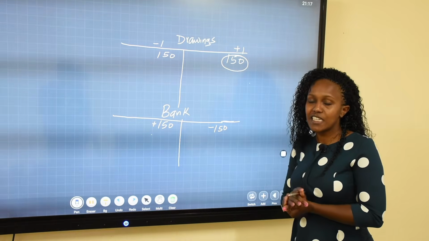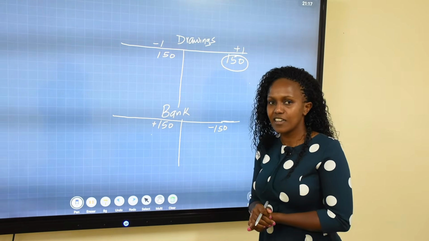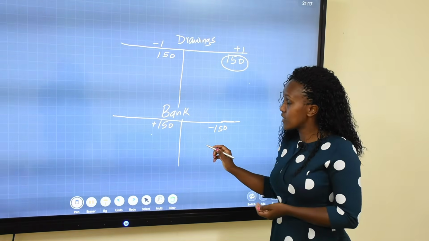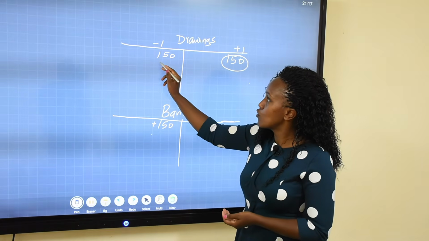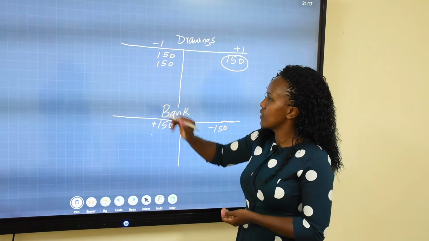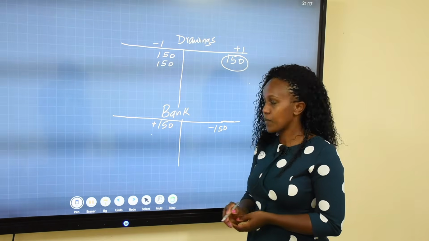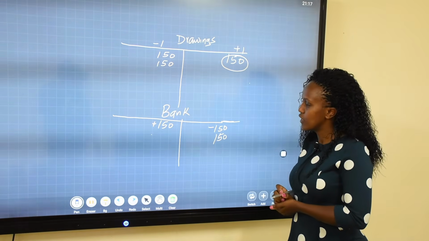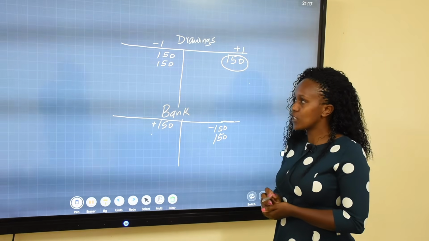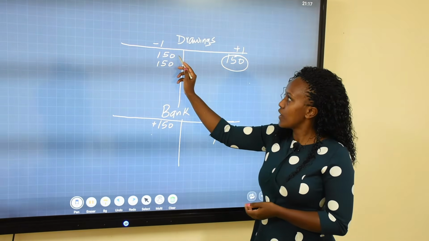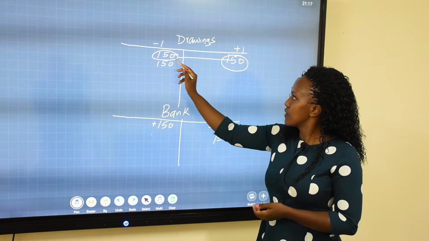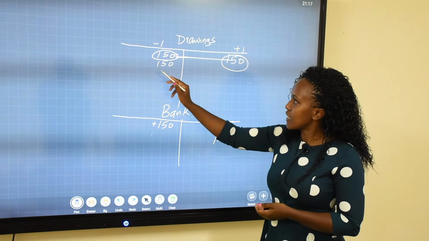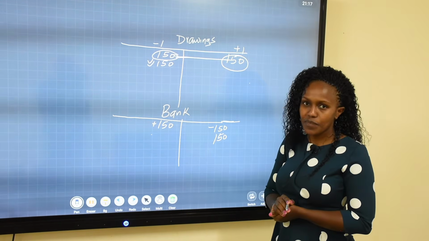Now you have just corrected the error, but have you done the right thing? For you to do the right thing, you still have to debit the drawings and then credit the bank. So what I'm simply saying is that you have to pass it 2 times. The first time is to correct the error, and the second time is to do the right thing.